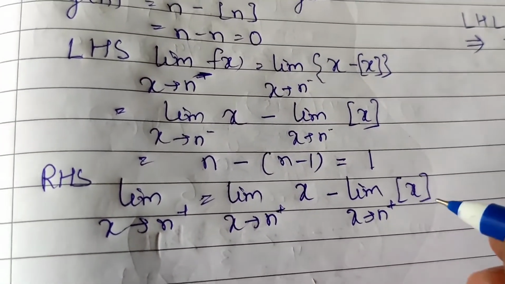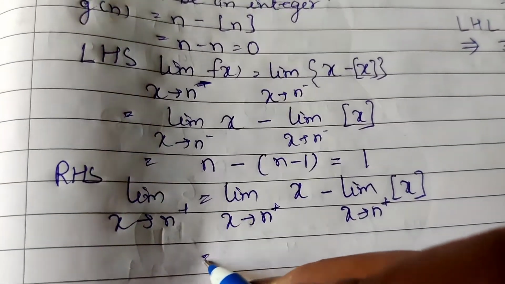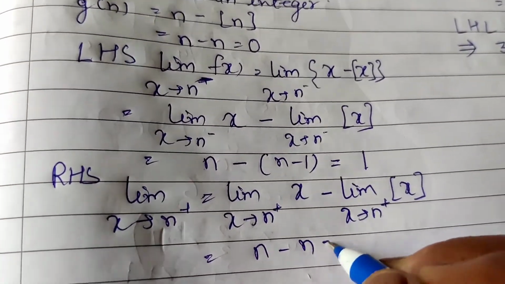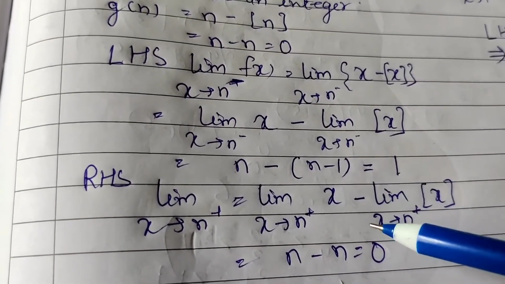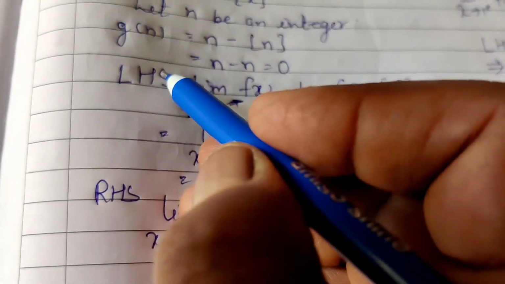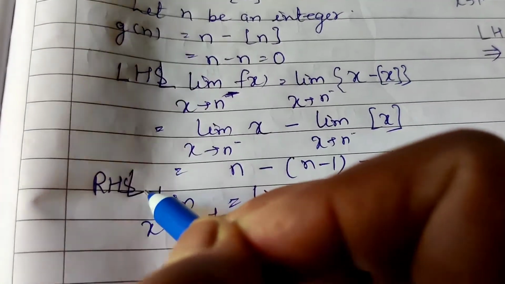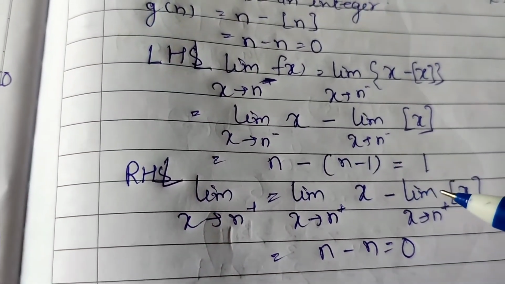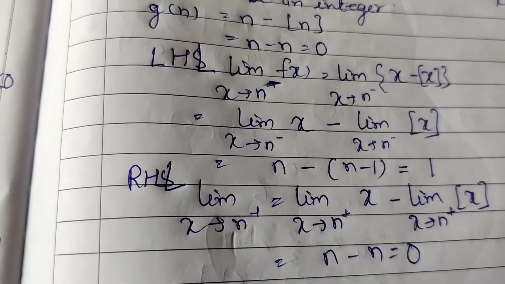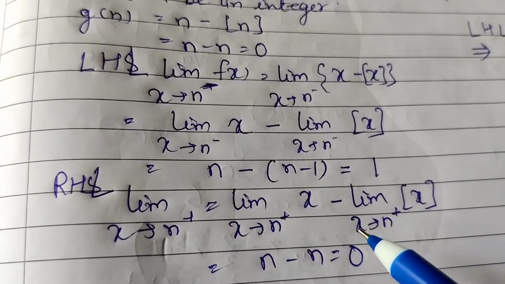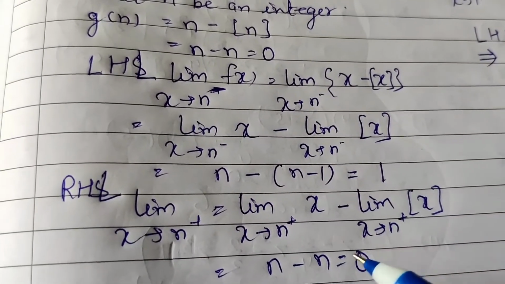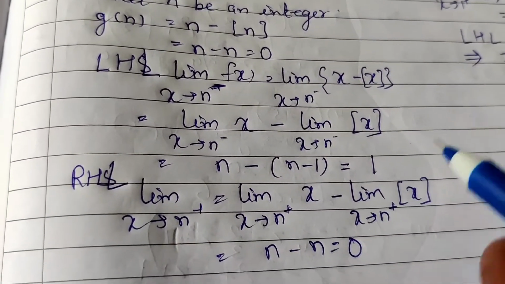So this is equal to n minus n equal to 0. It is observed that the left hand limit and right hand limit are not equal to each other. It means the function is not continuous at x equal to n, and g is discontinuous for all the integral part.